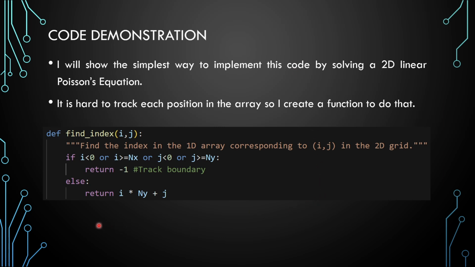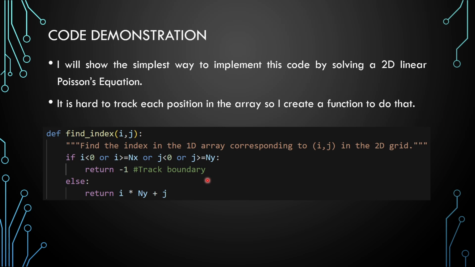So here what I do is I create a function called findIndex, which takes the index of i and j. Let's say that if our i is smaller than 0 or greater than nx, where nx is the number of the x points, or j is smaller than 0 or larger than ny, the function will return -1, which is telling us that we have reached the boundary.